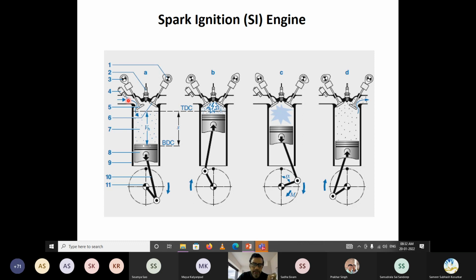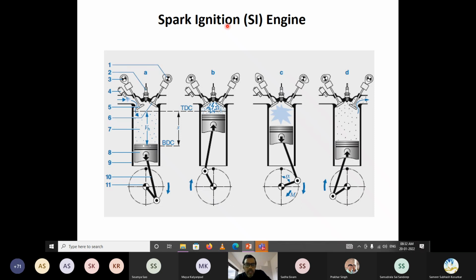Almost all the passenger cars, at least this statement is true for Maruti, use PFI. Some of the engines, even right now in India, have the injector not in the manifold but in the cylinder head, and the fuel is injected directly inside the combustion chamber. I'm talking about a spark ignition engine.